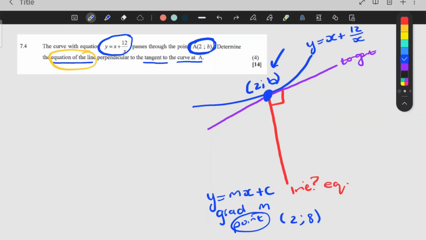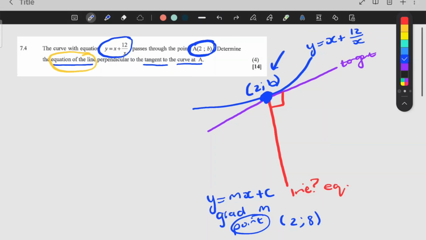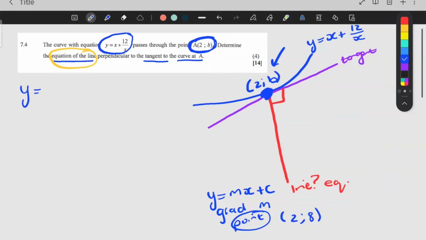The next thing I need is the gradient of that line. So I need the gradient at this point. At this point over here, there's a gradient. Now, another word for gradient is derivative. So I'm going to take this equation and I'm going to derive that equation. I'm going to write the equation down. But before I derive, I need to take this x up.